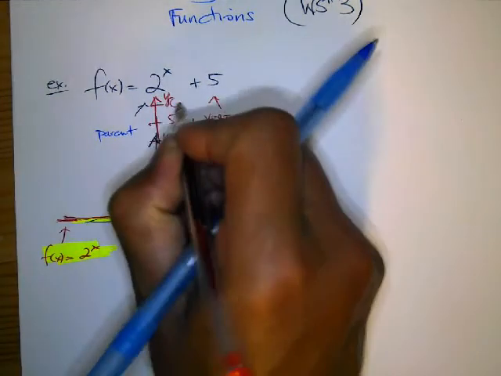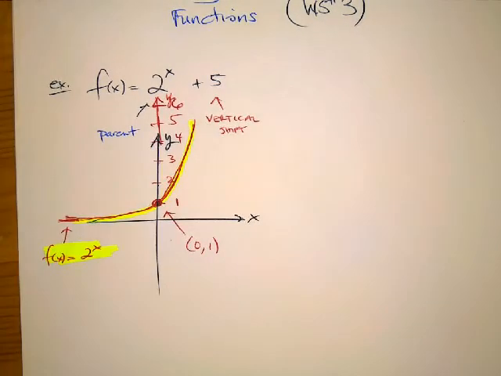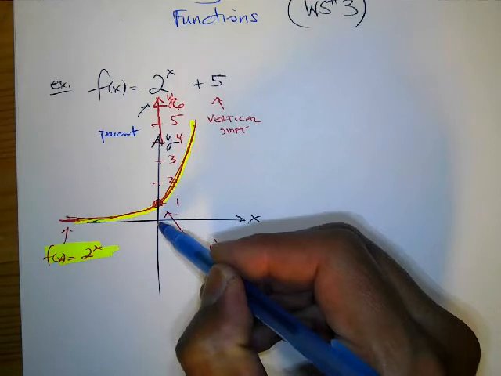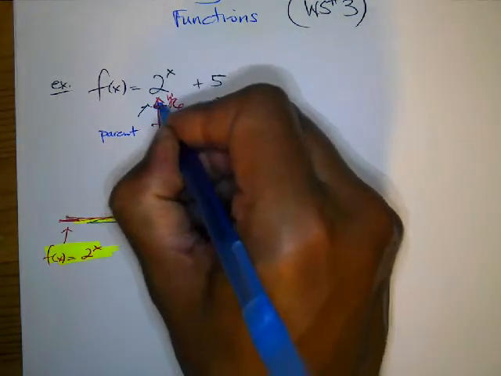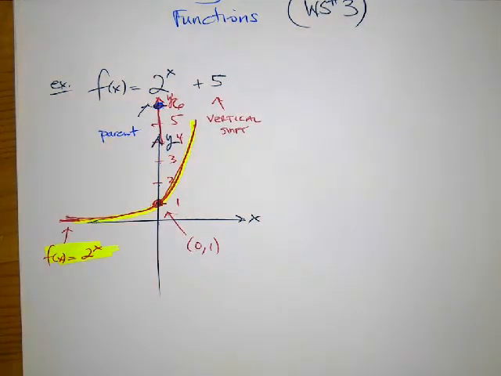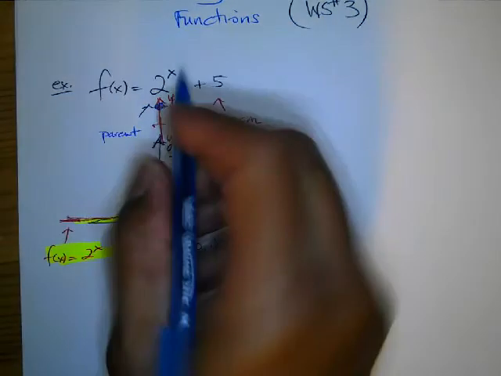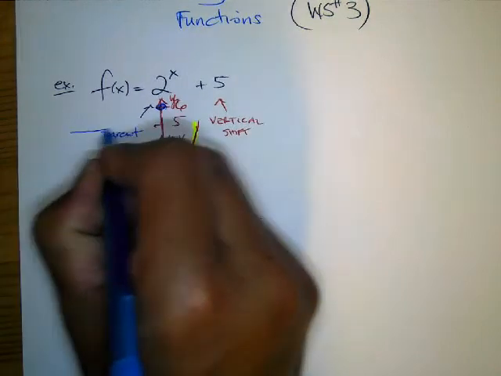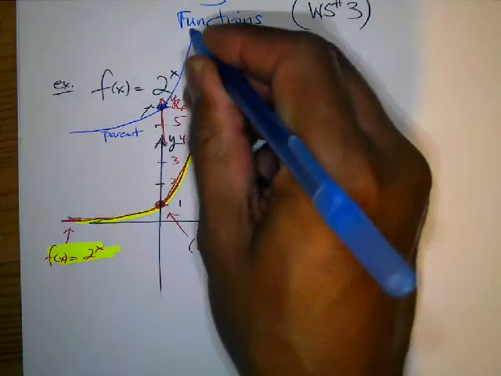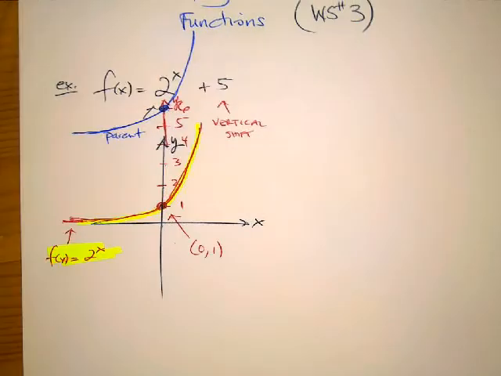That means it'll go up to 6. It's not starting at 0 and going to 5. It's starting at 1. 1 plus 5 will put it here at 6. But pretty much we just copy it and shift it over, and that's what we're doing.